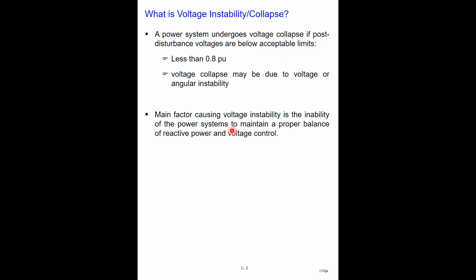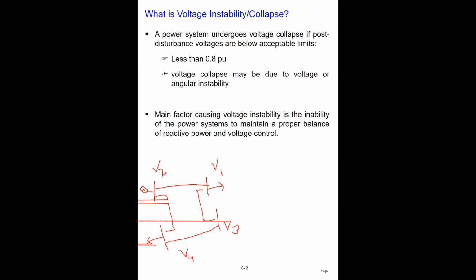For example, if you have some bus network here, let's say V1, V2, V3, V4, and you have the load also here, and some generator connected here, and here also you have a load.